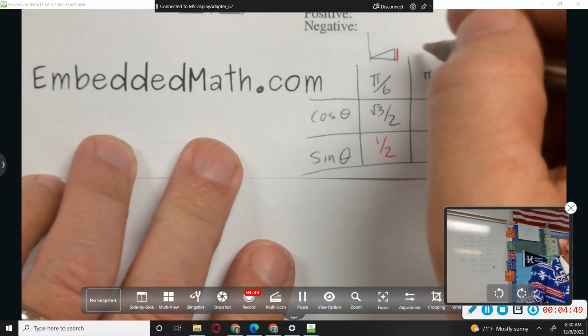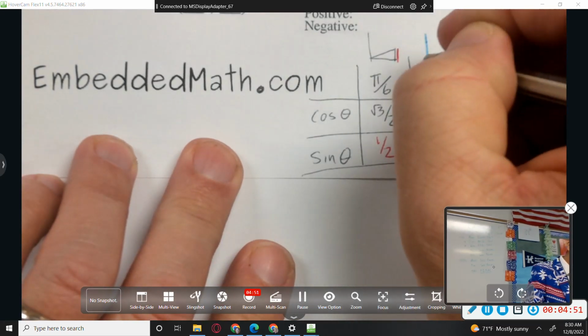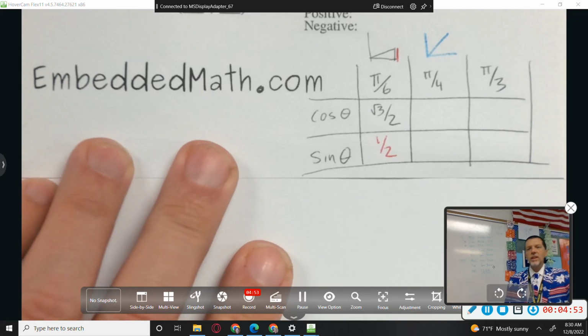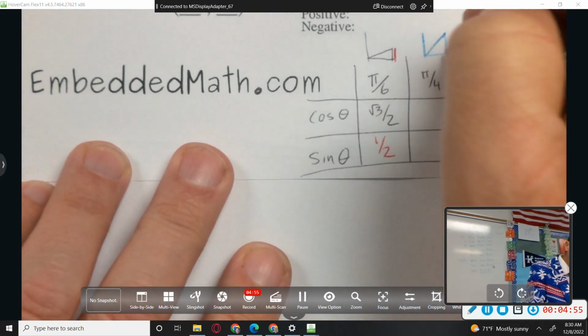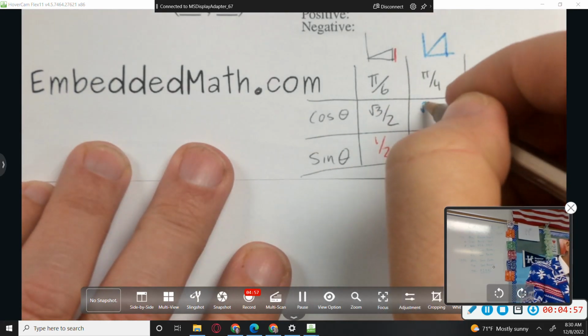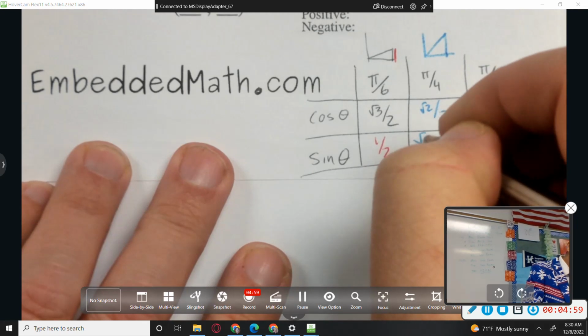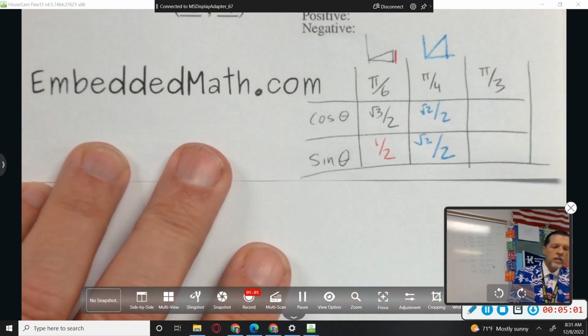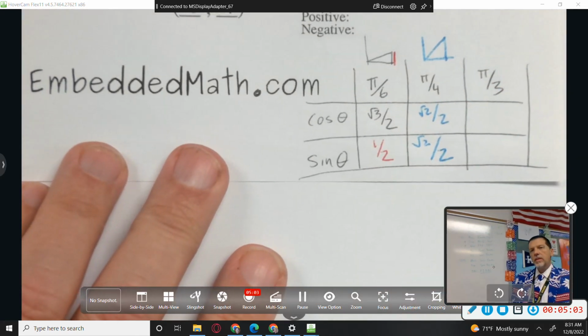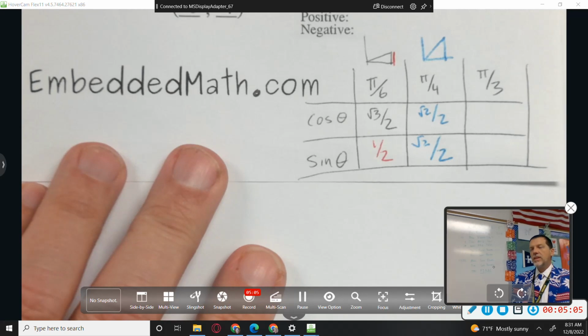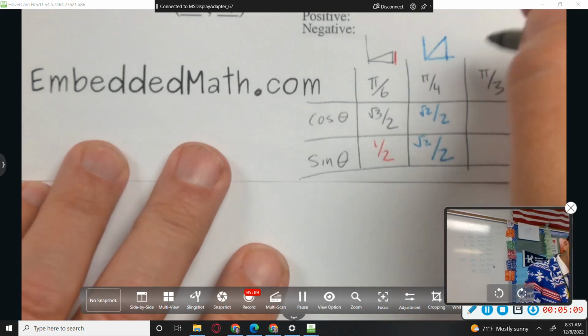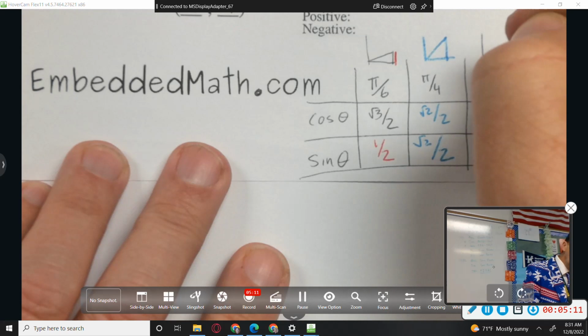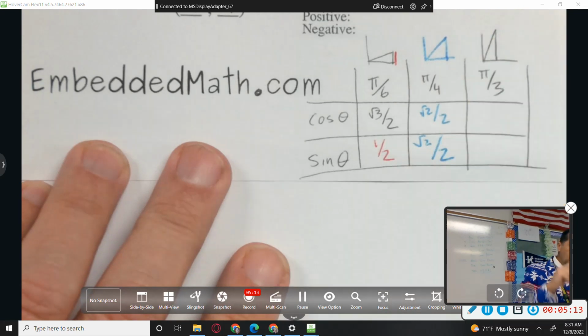Pi over 4, that's the one in the middle. That's the easy one, because both side lengths are the same. They're both root 2 over 2. At least in my mind, that's the easy one. Right? Because if you get them backwards, it doesn't matter. They're both root 2 over 2. Pi over 3 is the steep angle.